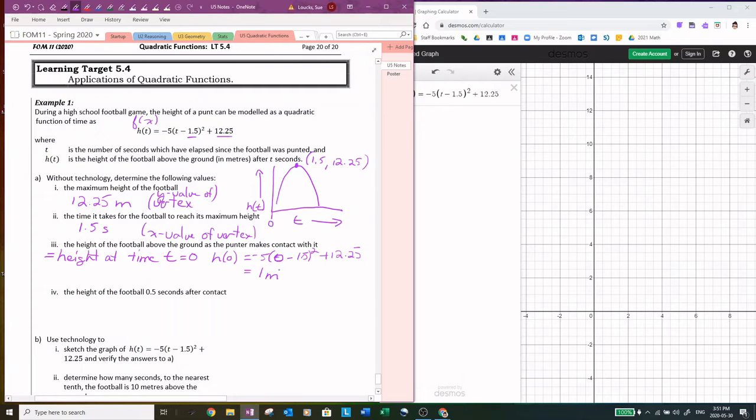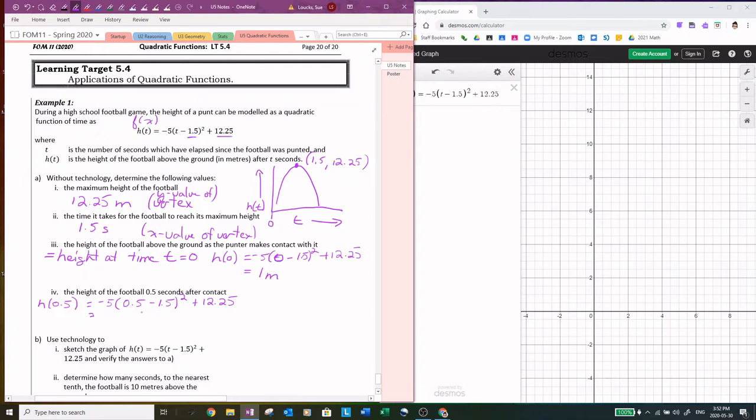And the height of the football, 0.5 seconds after contact. Well, that's height at time 0.5. So I'm going to replace my t with 0.5, not my x, my t. Sorry, my bad. So this is -5 times (0.5 minus 1.5) all squared plus 12.25.